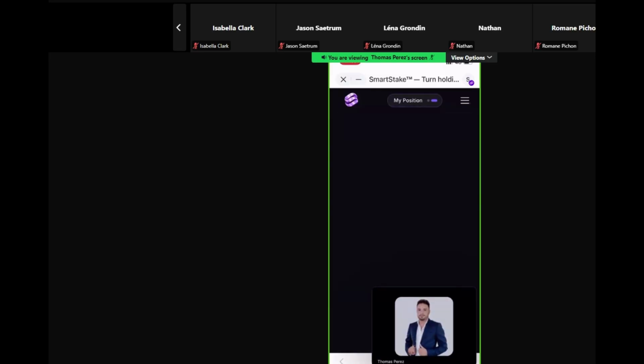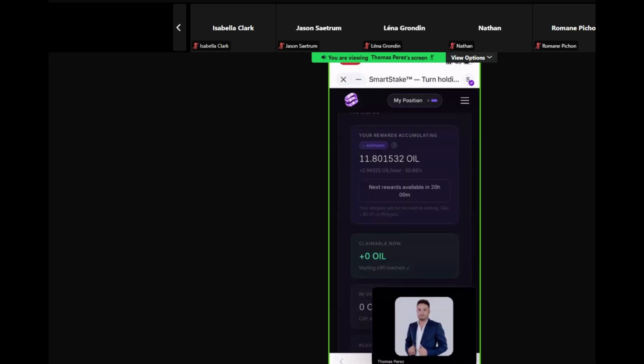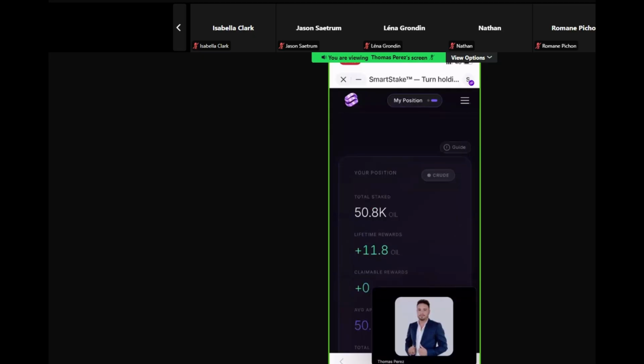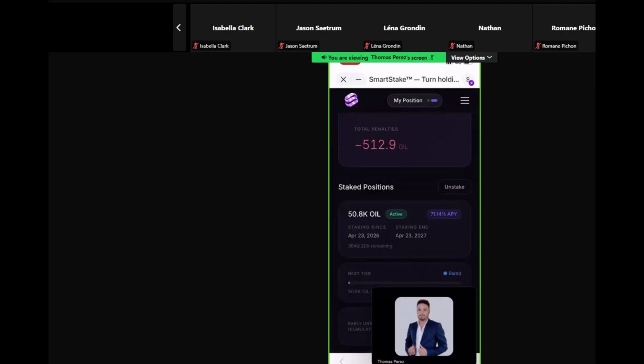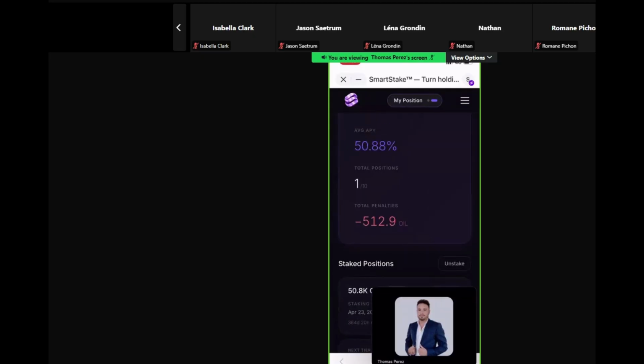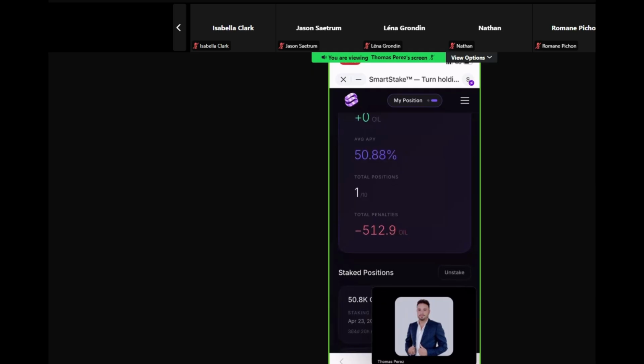Then, of course, the one that matters for you is your position. You can see the amount of total stake. You can stake up to, you can see here, total position. You can stake up to 10 positions. No more. It's to preserve the gas and all those structures that make, let's say, any situation of people waiting years of non-claiming and so on to not be stuck because of the gas in the blockchain.